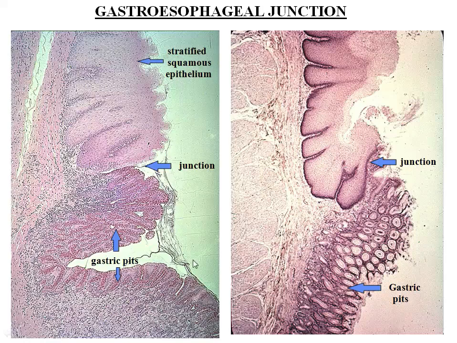Here again this is the lumen, and this is the outer portion of the submucosa, muscularis mucosa and everything. This is the inner lining. Here it is a stratified squamous epithelium. Here is the columnar epithelial layer forming the gastric pits.